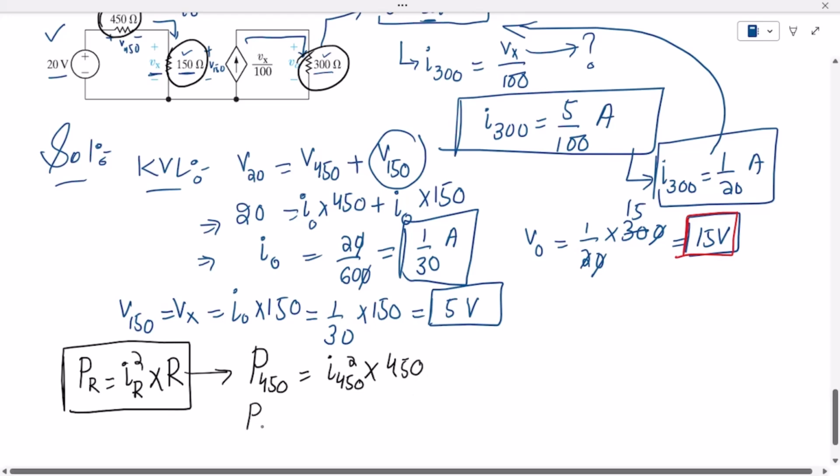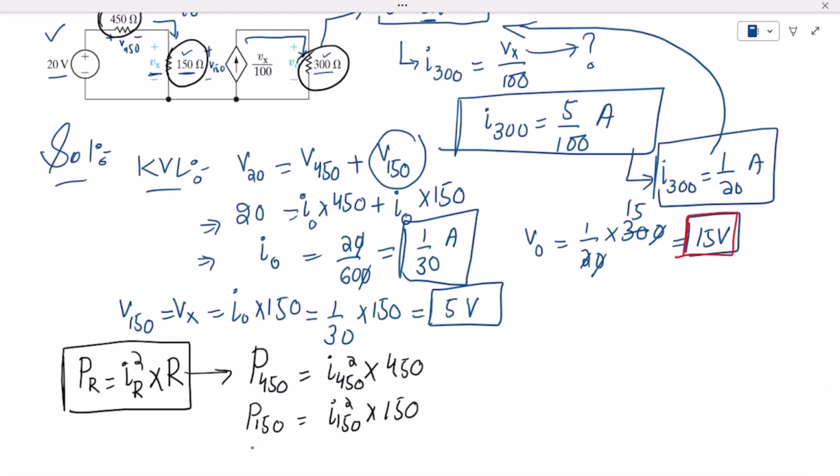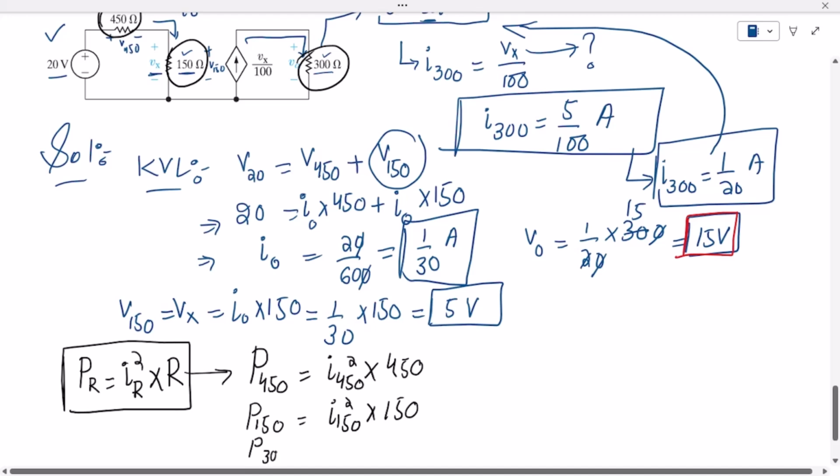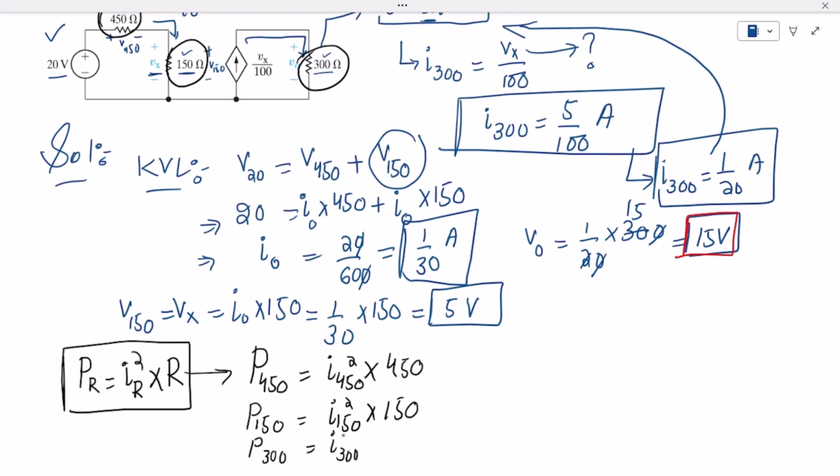Similarly, for the power across this one, it will be the current flowing through this one squared, multiplied by the value of 150. And for the power across this 300 ohm, it will be the value of current flowing through this one squared, multiplied by its value.